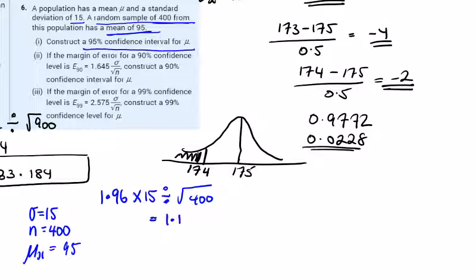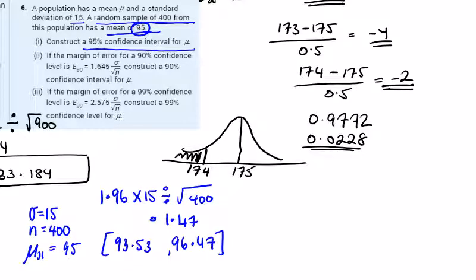That's equal to 1.47. And we have to add that to the mean of the sample. So I'm going to get 96.47 on one side and 93.53 on the other side. Put them in a bracket this time.